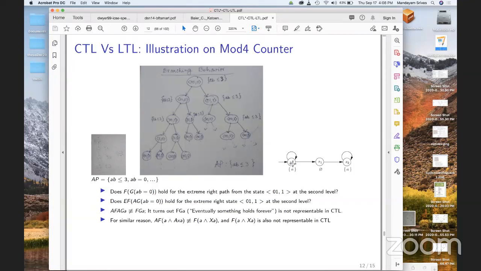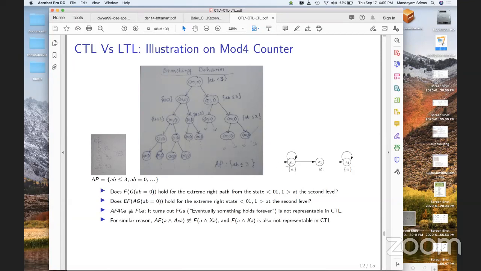Just imagine, does S0 satisfy AG of A? Maybe you should ask that question first. It does not, because for it to satisfy AG of A, every path originating from S0 has to satisfy A continuously. That's not true, because on the path S0, S1, S2 omega, A is not continuously true, since in S1, A is not true.